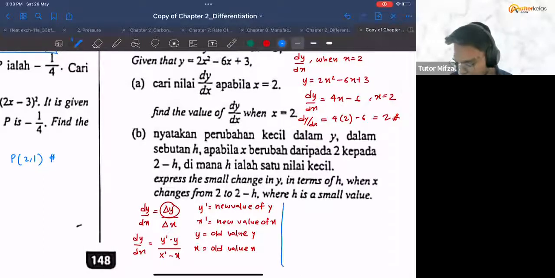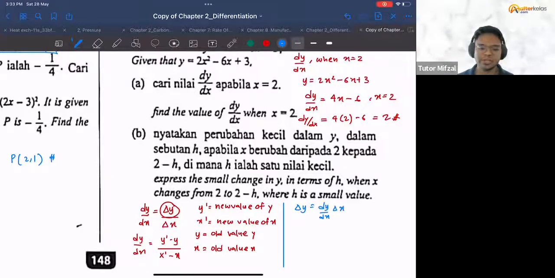Just a little bit of mathematics: you know that delta y is equivalent to dy over dx multiplied by delta x. We just swap things around. Now, let's find dy over dx first.